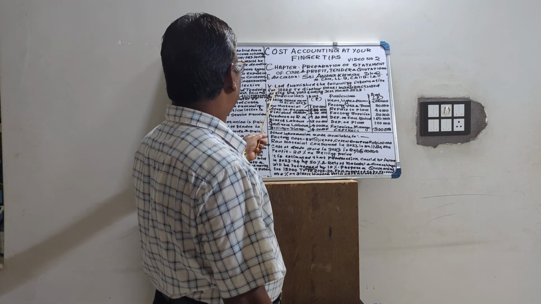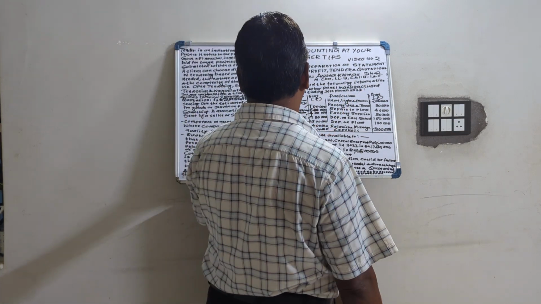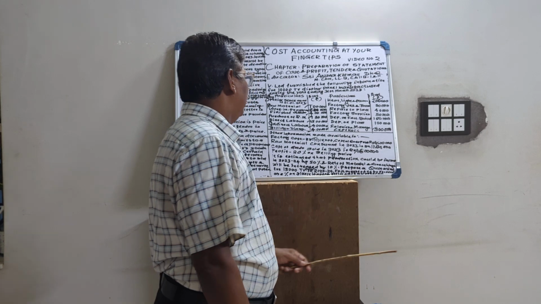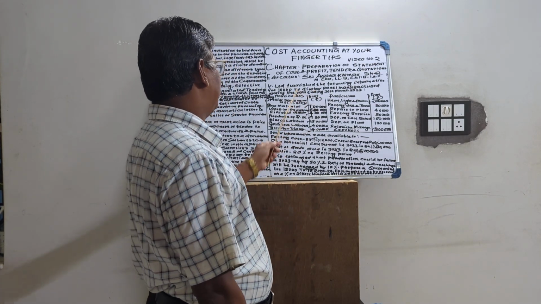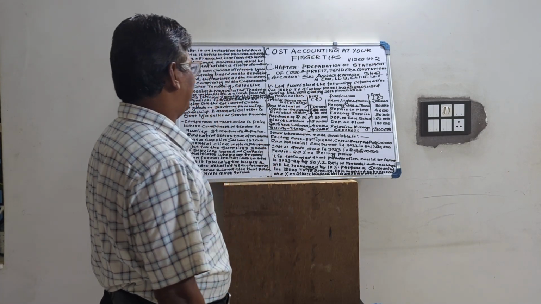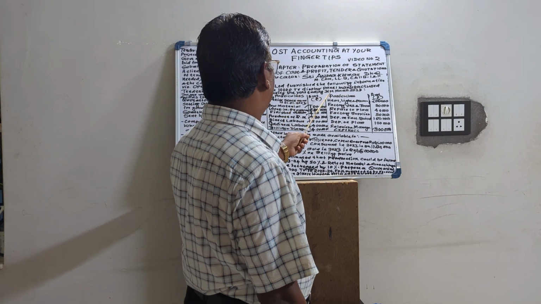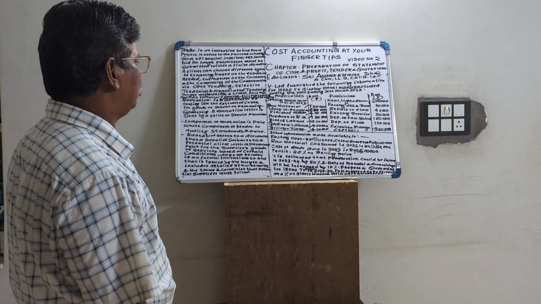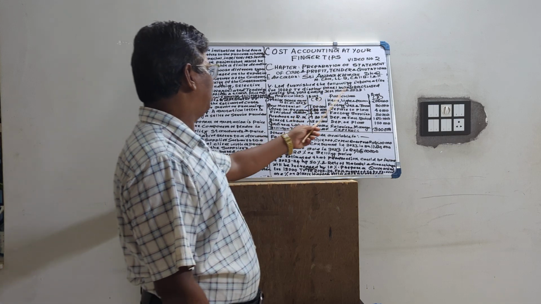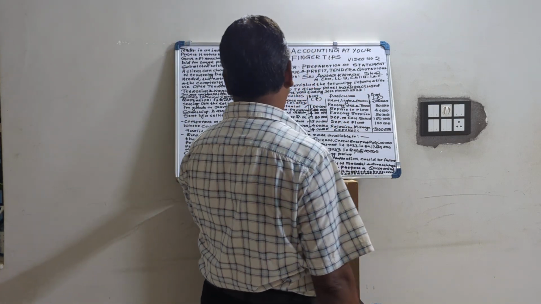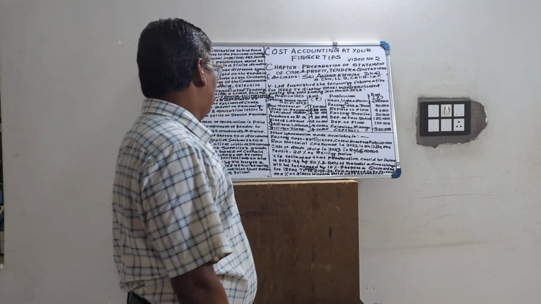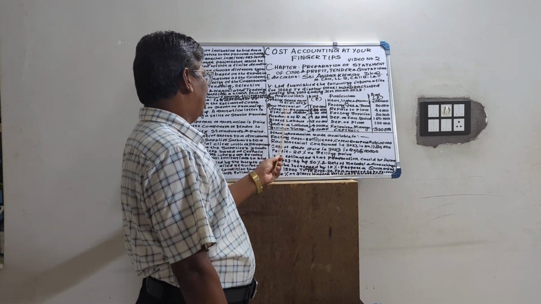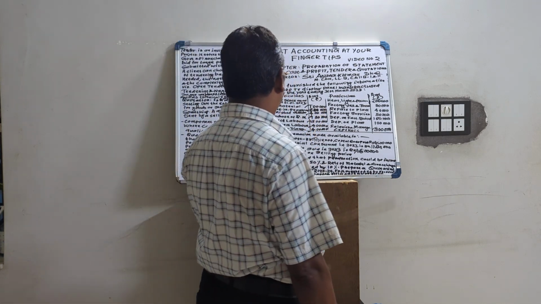Here V Limited furnishes the following information for 10,000 TV display panels, that is the components of TV, manufactured during the year ending 31st March 2023. That means it starts from 1st April 2022 and ends on 31st March 2023. Then particulars given: opening stock of raw material 1 lakh, work in progress 6 lakh, finished goods 4 lakh.